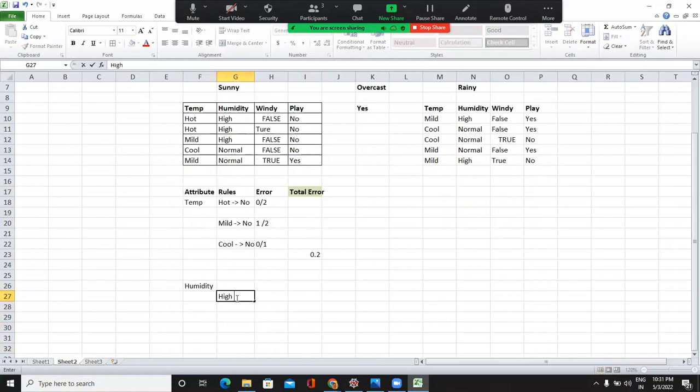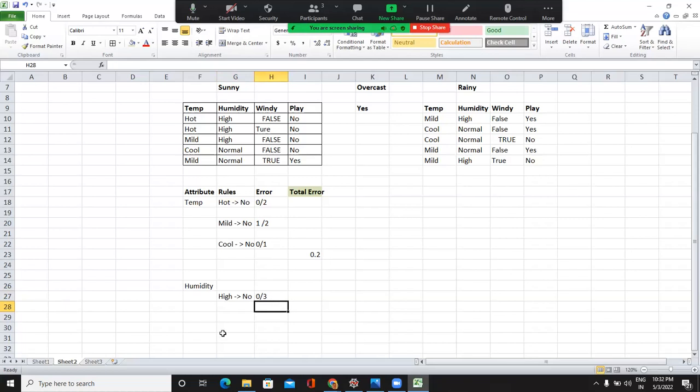What should be the rule? Humidity is high. No, high, no, high, no. Very simple. Then all the times it is no. So we will make that as rule, and we will say our error will be 0 times, 0 by 3.